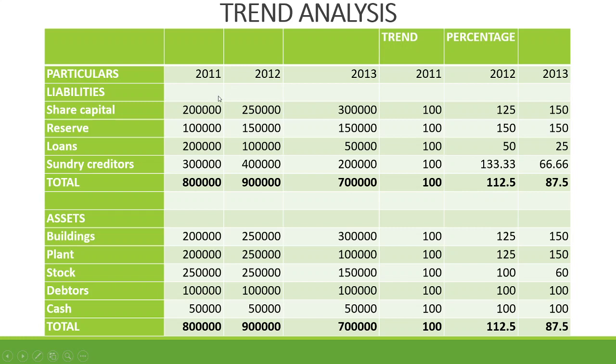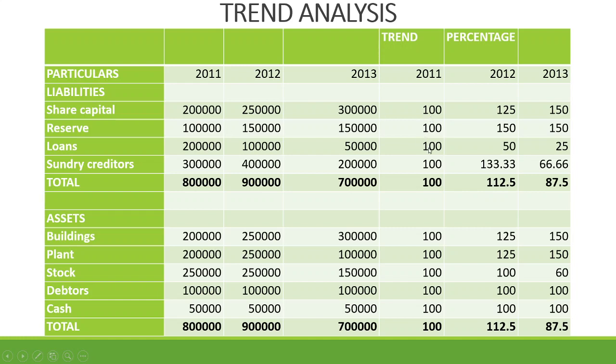So the oldest year here is 2011. So 2011 is taken as the base year. So 2011 you can see here, and all the components of 2011 like the share capital, reserves, loans, sundry creditors, total, all these values are given 100 as the base year figures. So base year figures are always 100. So 2011 share capital is 100.